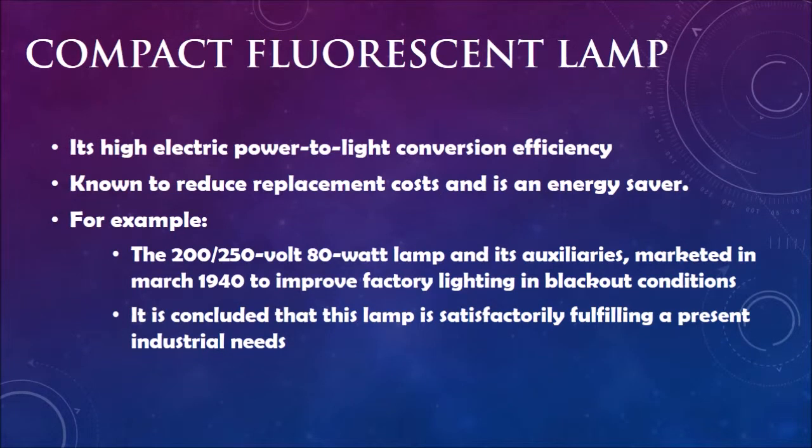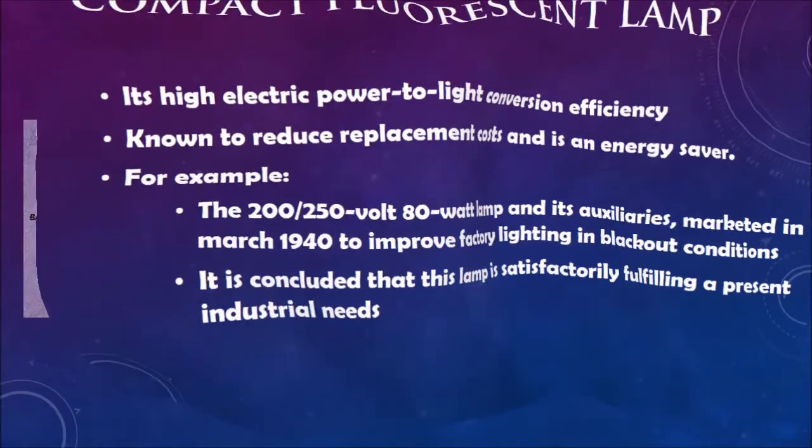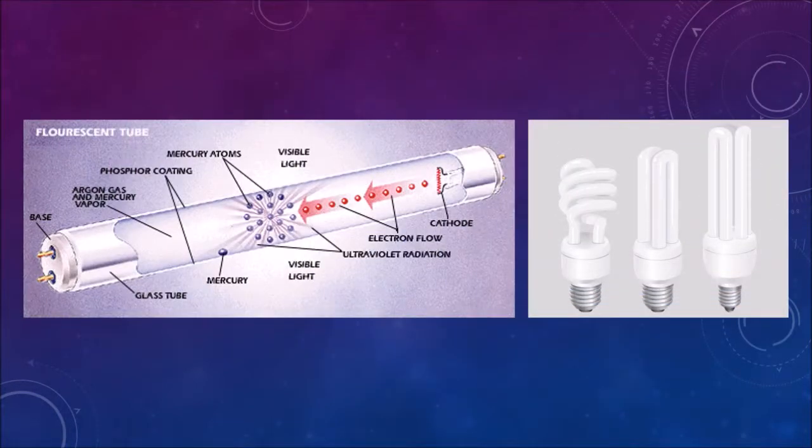Compact fluorescent lamp. The fluorescent lamp has a high electric power to light conversion efficiency, and the outstanding color quality of the light is examined, together with the conversions. This lamp also converts more of the electricity supply into visible light than its popular counterparts.